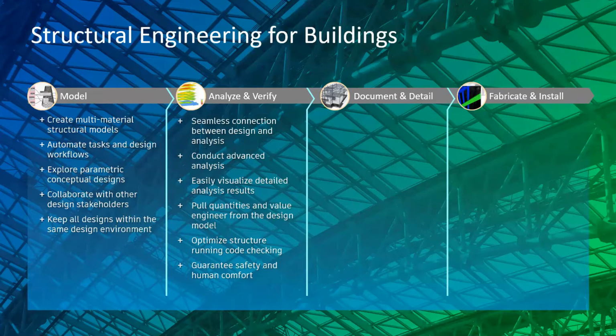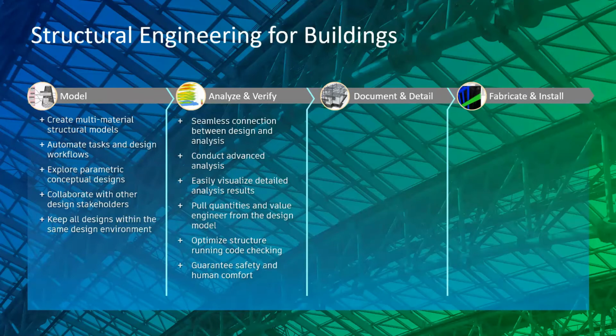Now, once our model is generated, or once we've grabbed our conceptual model from the architect, we have a seamless connection between design and analysis using Robot. We're able to conduct advanced analysis, easily visualize detailed analysis results, pull quantities and value engineer from the design model, and obviously optimize the structure, running code checking, and also guarantee safety and human comfort.